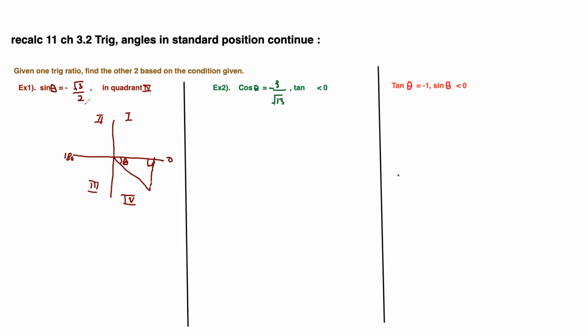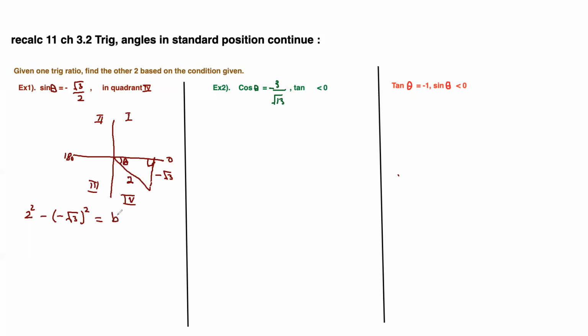Sine is opposite over hypotenuse, so the hypotenuse is always positive, never make it negative. And the opposite to this angle is supposed to be negative √3. Now I need to use Pythagoras to find the other side. If I'm finding a side but not the hypotenuse, I just shortcut: the hypotenuse squared minus the given side squared will give you the missing side squared.